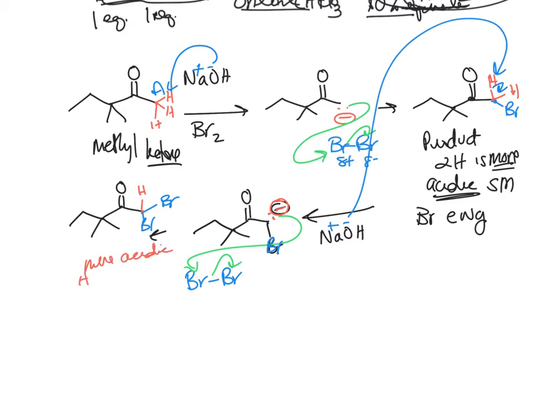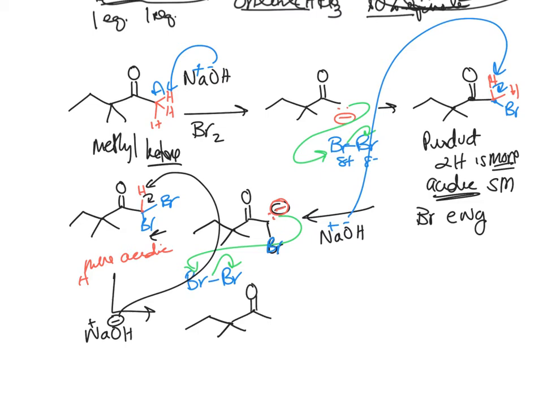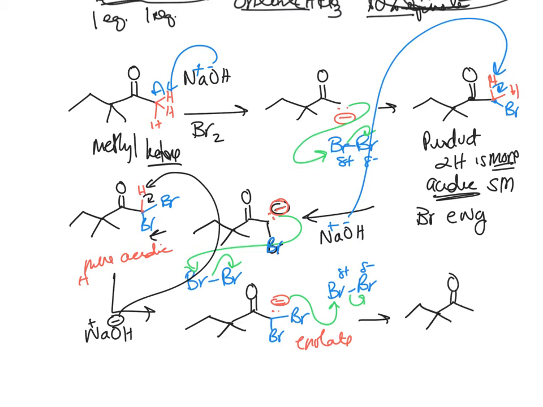So we still have base, sodium hydroxide. All right, there's your enolate, and you still have bromine. And now you have 3 bromines.